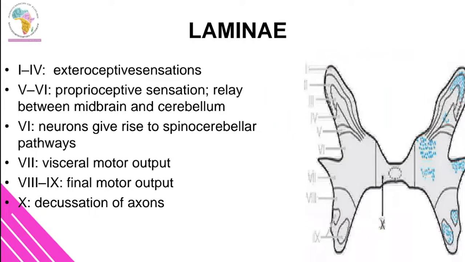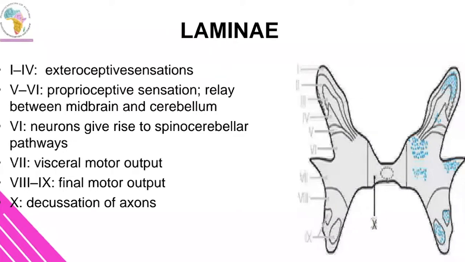Then lamina 10, this is where spinal decussations happen, where spinal fibers tend to cross in the spinal cord.